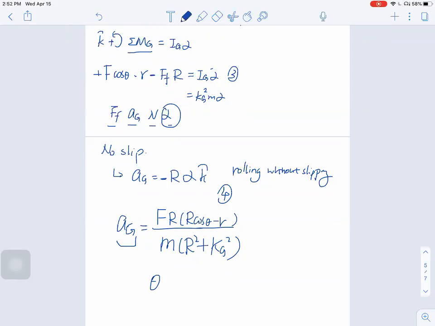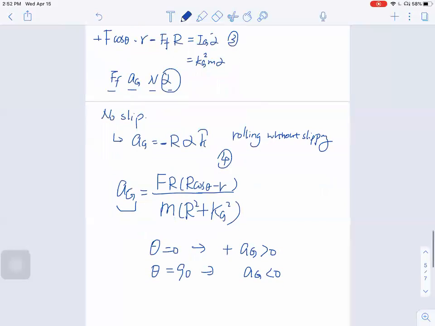If you get a symbolic solution for aG, you can look at how this theta would affect the direction of aG. If theta equals 0 degrees, which is horizontal, then you end up with a positive aG, so aG is greater than 0. If your theta is 90 degrees, now aG is going to be less than 0.